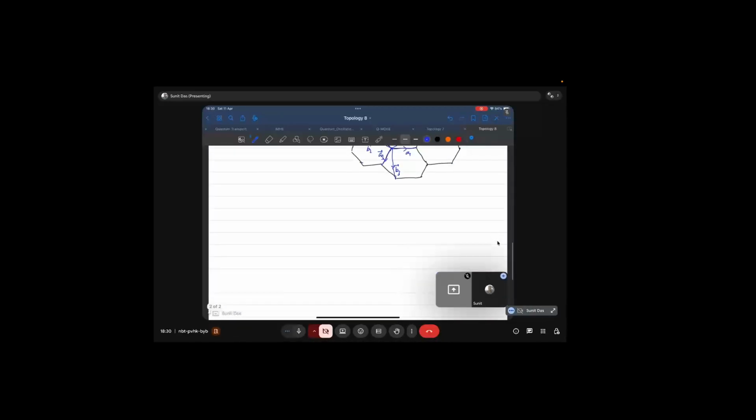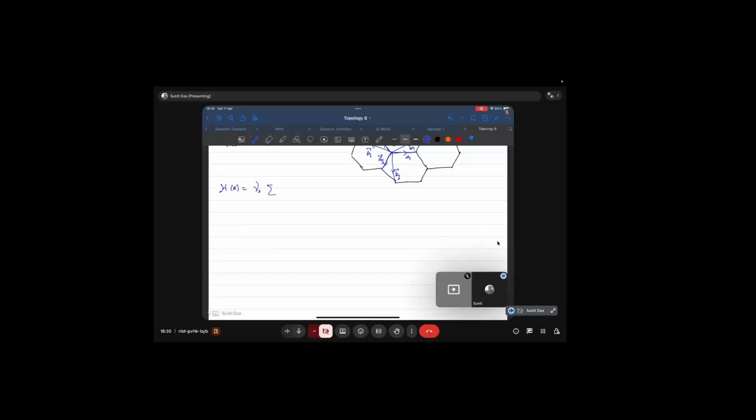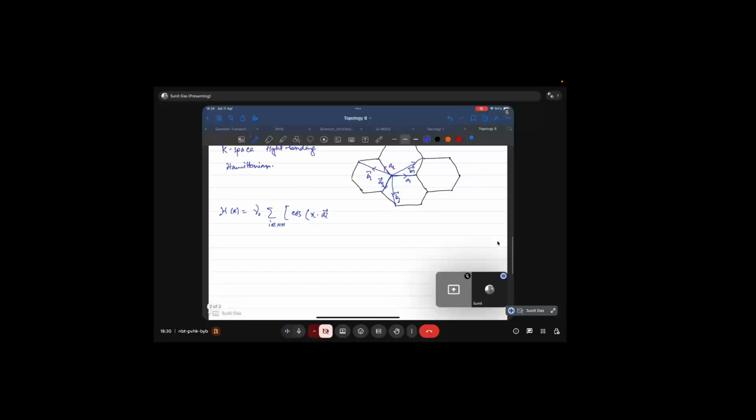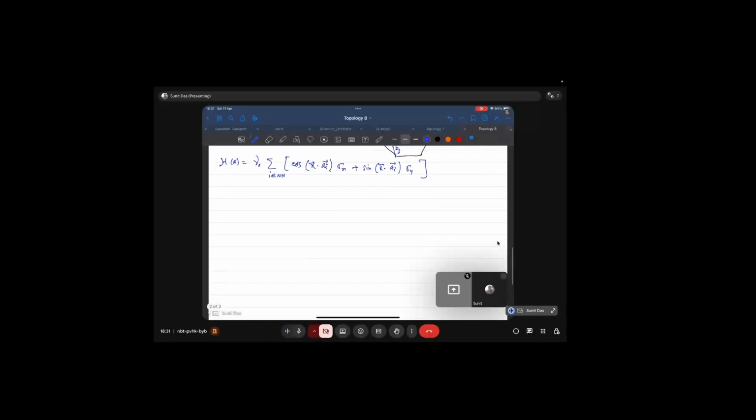The Hamiltonian as a function of k is then given by gamma 0, sum over i, where i goes over nearest neighbors, cos of k dot ai, where the ai are these a vectors drawn in this figure, associated with sigma x, and then plus sine of k dot ai sigma y.